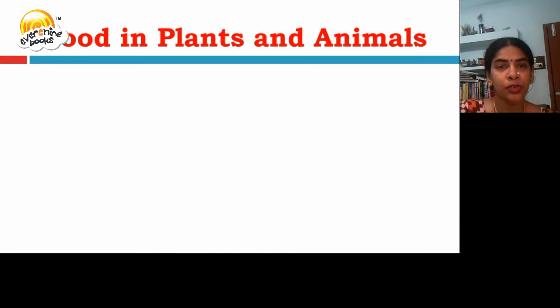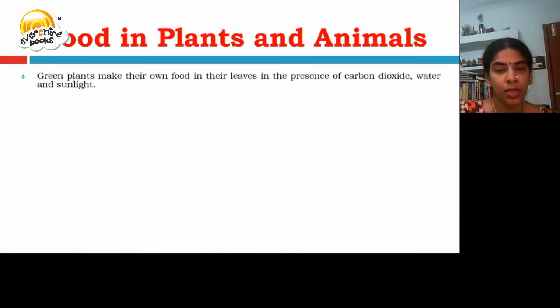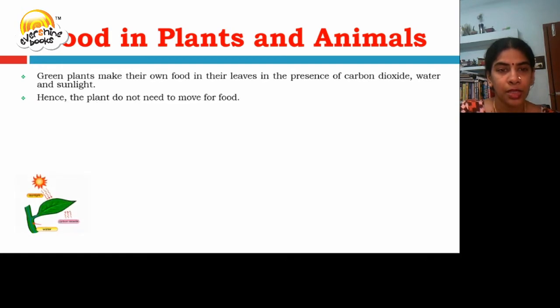Let us compare the food in plants and animals. Green plants make their own food in their leaves in presence of carbon dioxide, water, and sunlight. Hence, the plants do not need to move for food. Animals cannot make their own food.